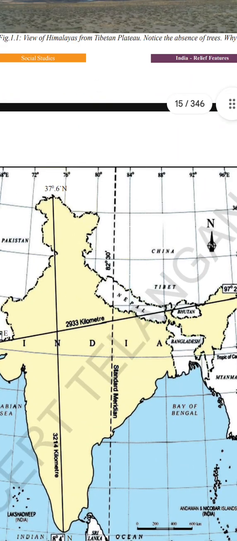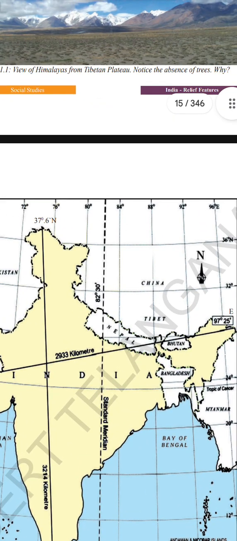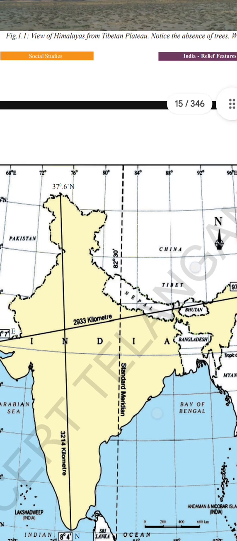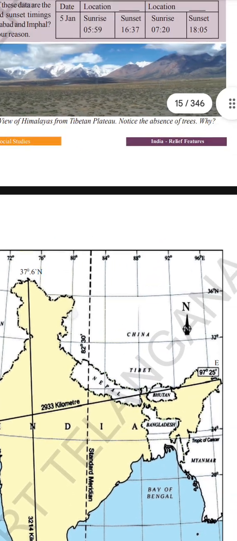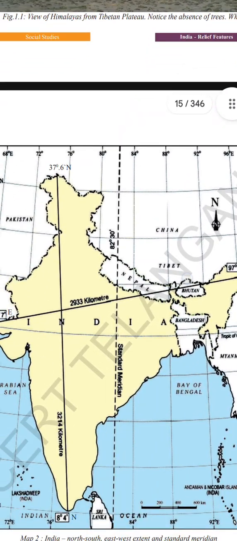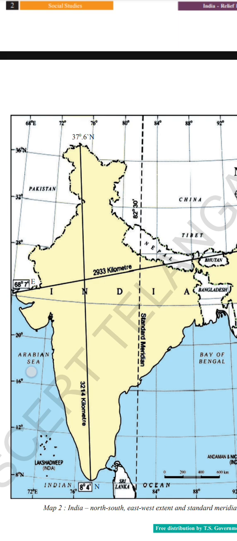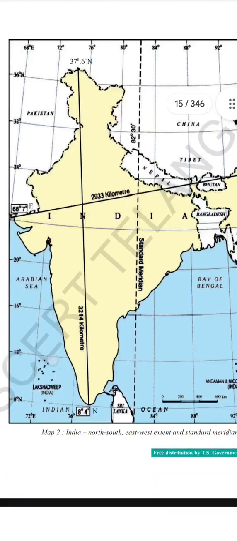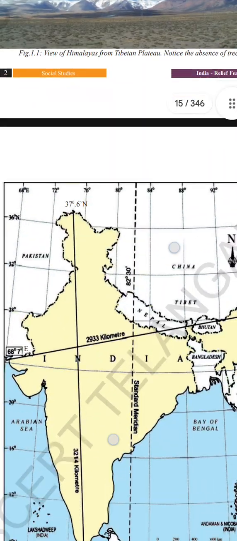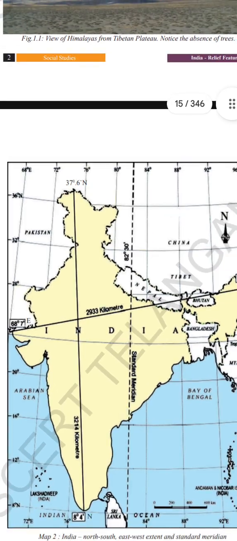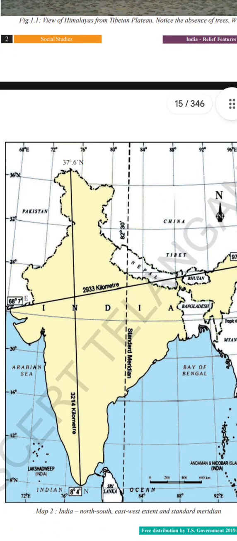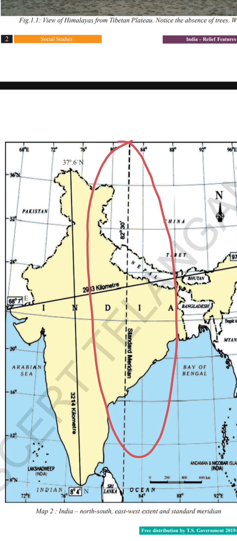If you move towards the east, the country's time compared to the west region will be 2 hours ahead, and for the western states it will be 2 hours delayed. So it is a very complicated thing. That is the reason we actually adopted a standard IST, that is 82 degrees 30 minutes.